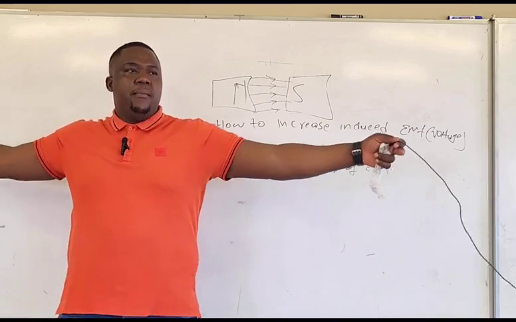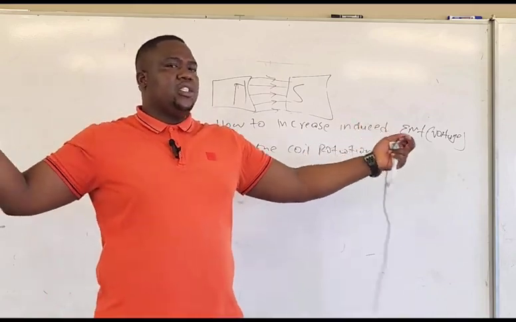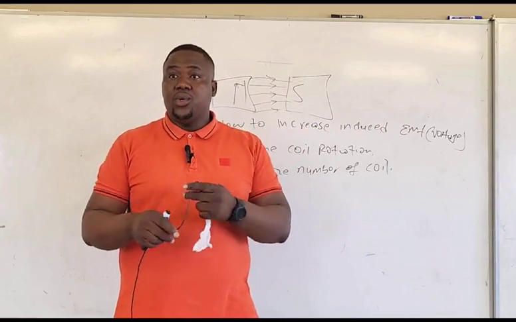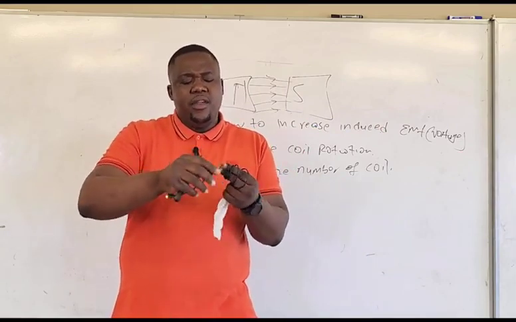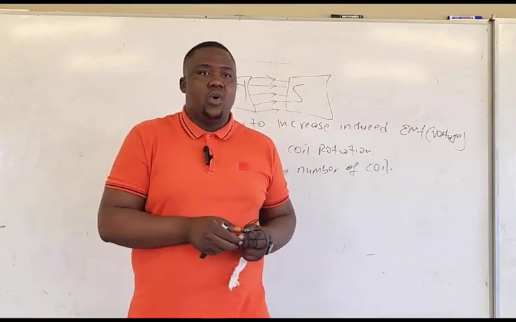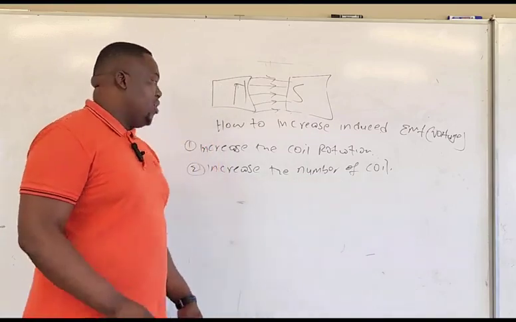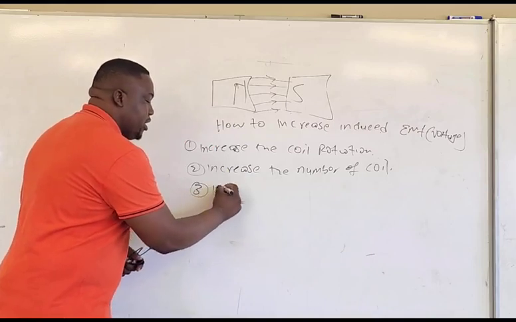When you use a much longer electrical cord, it means you are going to increase the number of coils. You are going to cause the coiling to be even more because you have used a longer electrical cord. So another way is to increase the number of coils.